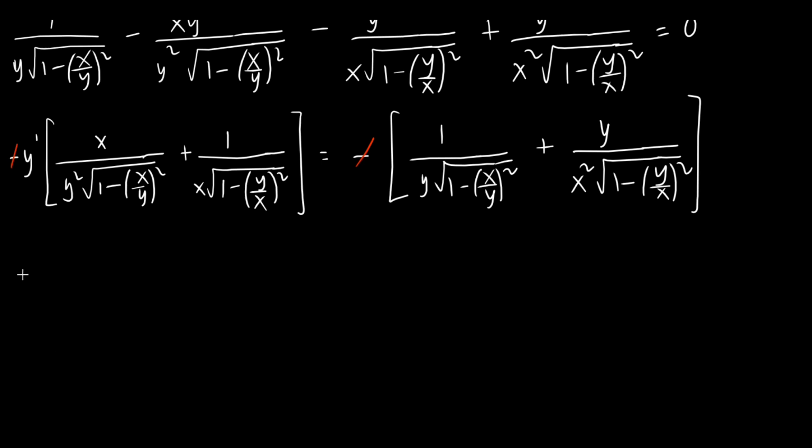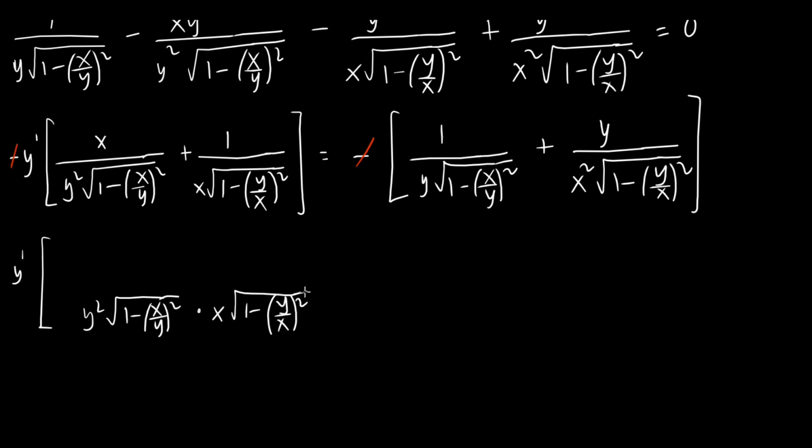So let's simplify further. So we have y prime. We'll combine these two: y squared square root of 1 minus (x over y) squared multiplied by x square root of 1 minus (y over x) squared.